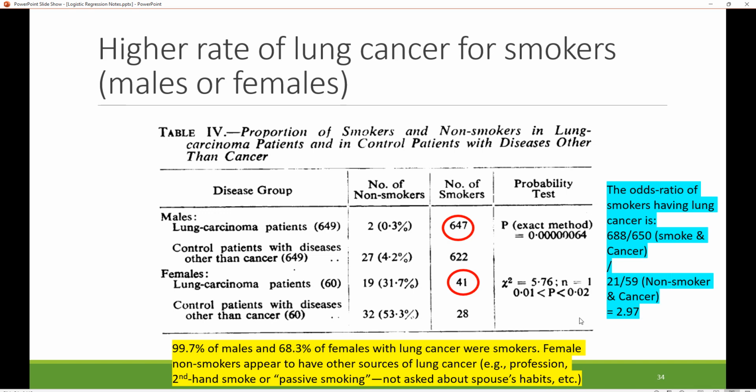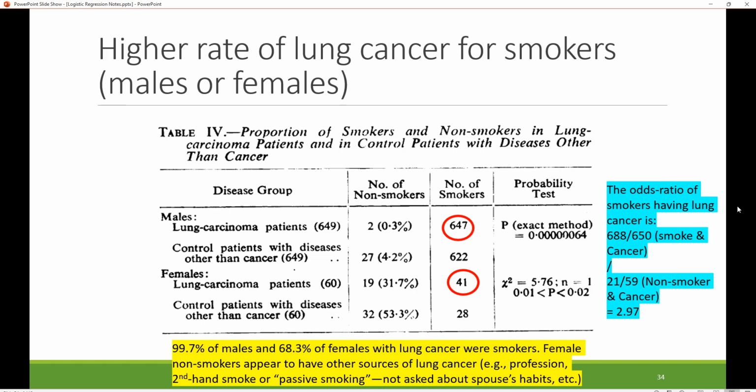I can imagine when they saw that there were more female non-smokers than male smokers, that must have seemed odd to them. But overall, we see more smokers that have lung cancer than not, among both men and women.